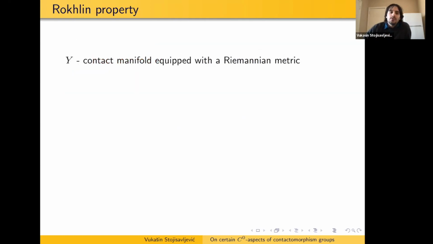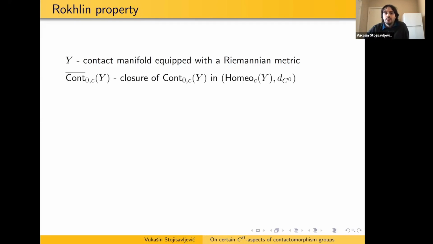Okay, I wrote contact manifold equipped with a Riemannian metric. Probably we don't need this level of generality, but we introduce contact homeomorphisms, which is just the closure of contactomorphisms obtained by isotopies inside compactly supported homeomorphisms with respect to the distance C0.